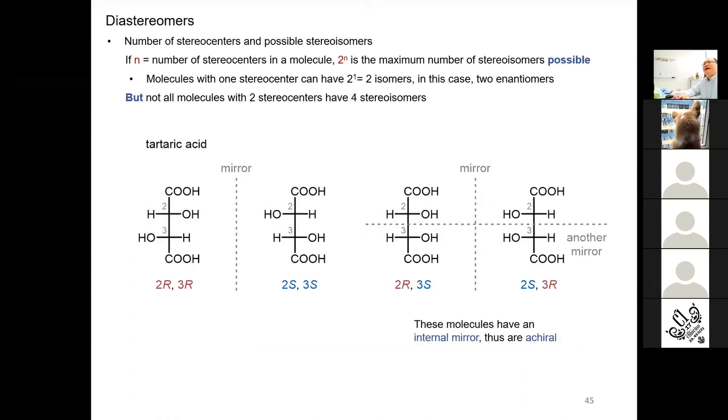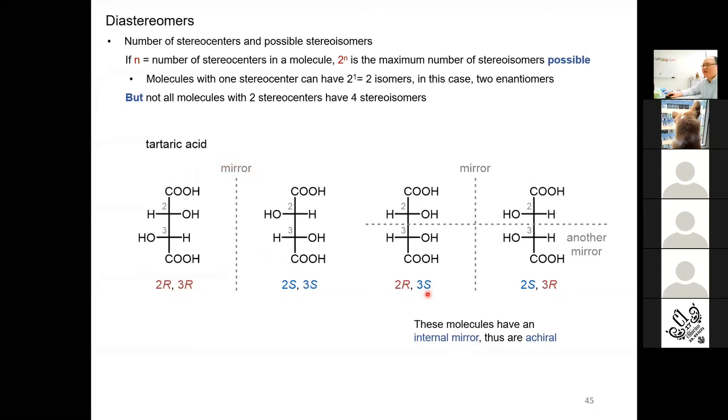But not all molecules with 2 stereocenters have 4 stereoisomers. I know things get a little complicated here, so after class, spend more time on this. But I will show you why. For example, if we have a different compound with 2 stereocenters, like tartaric acid, this is what we learned: 2R, 3R, its enantiomer is 2S, 3S, right?